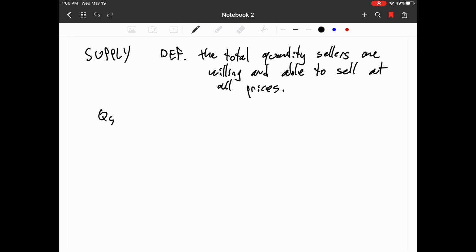Okay. So QS is what the supply function tells us as a function of price and the price of inputs.